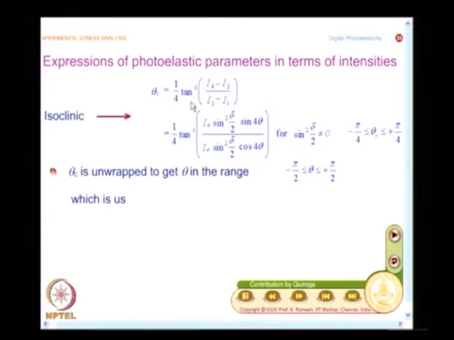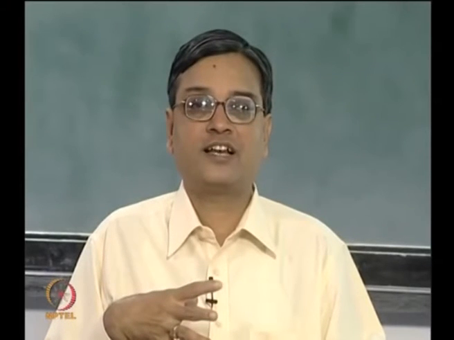And what you need to do is, as soon as I get this, the recommendation is unwrap this theta in the range minus pi by 2 to plus pi by 2, because I had said that identifying the sign of the fractional fringe order was very important, and that is very easily sorted out when you unwrap theta in the range minus pi by 2 to plus pi by 2 and use the theta to find out the fractional retardation.